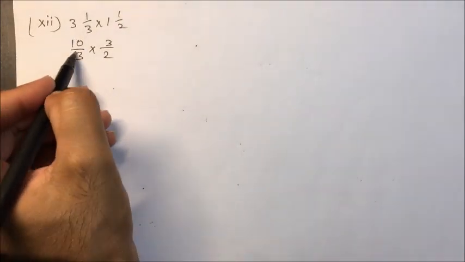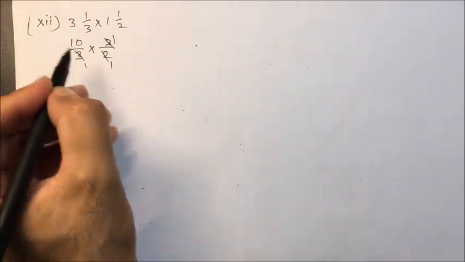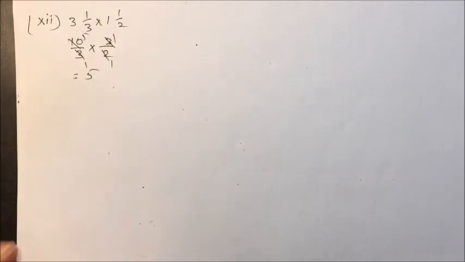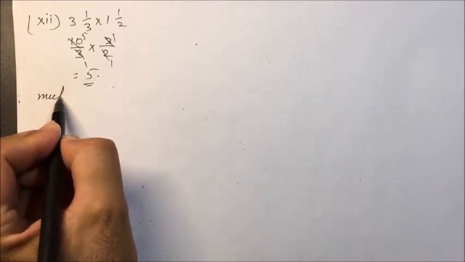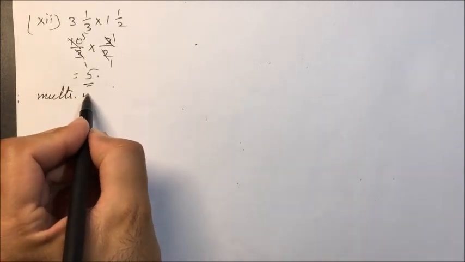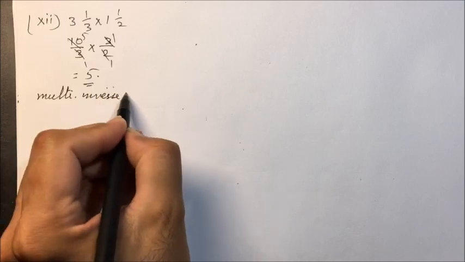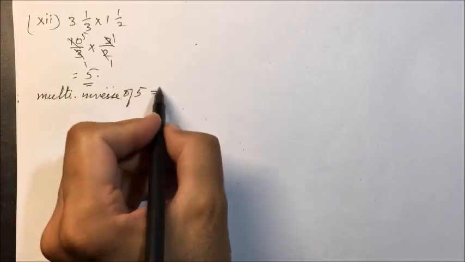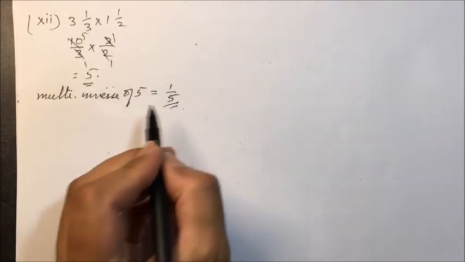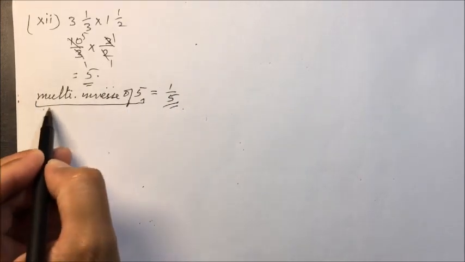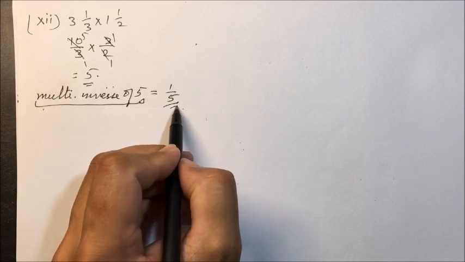So we can cancel them. 3 ones are 3, 2 fives are 10, so 5 is the number, and we have to find the multiplicative inverse of 5. The multiplicative inverse of 5 equals 1 upon 5. So on the left hand side, the multiplicative inverse of 5 is 1 upon 5.